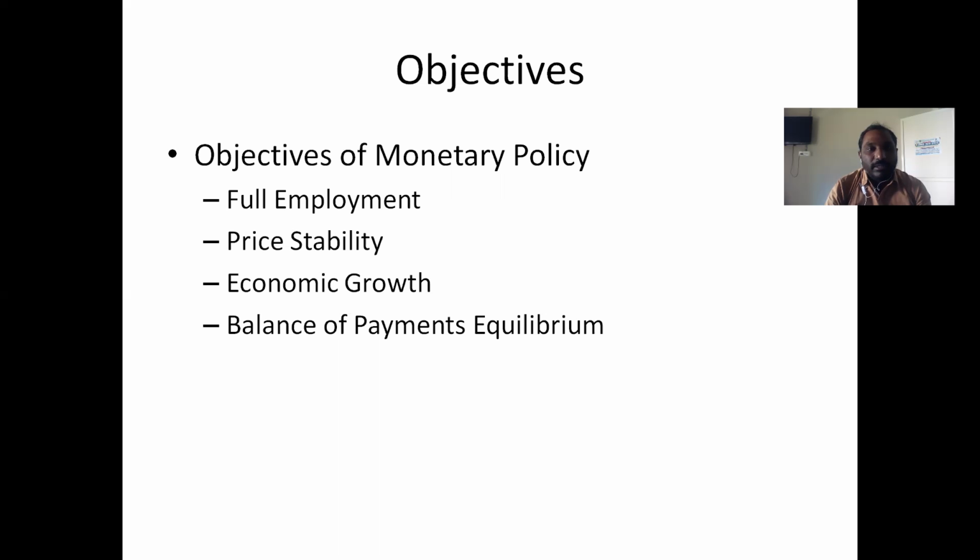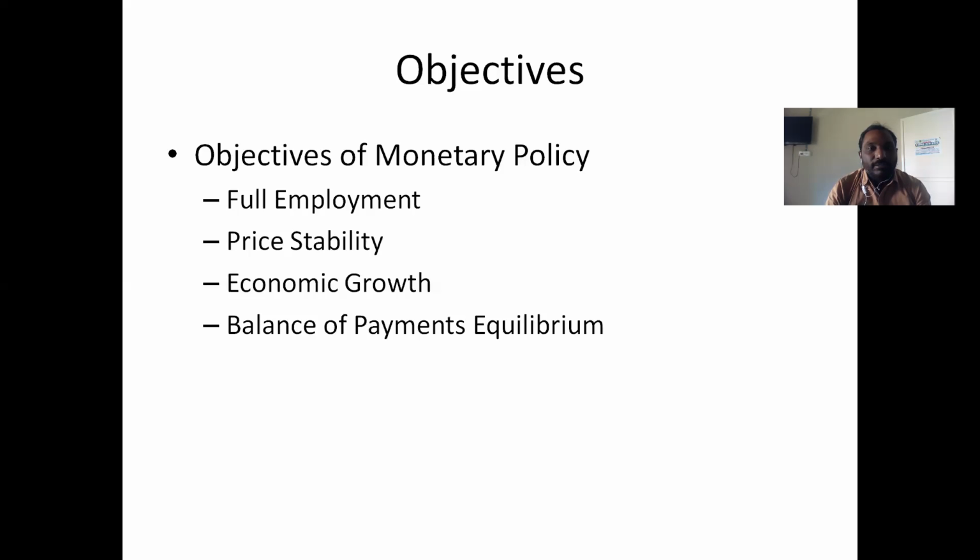And the third objective is economic growth. As you know, growth is an essential variable. Nobody will feel like staying at a single place for a long period, as with the economy. When the economy grows, it is an indicator that the country is growing.